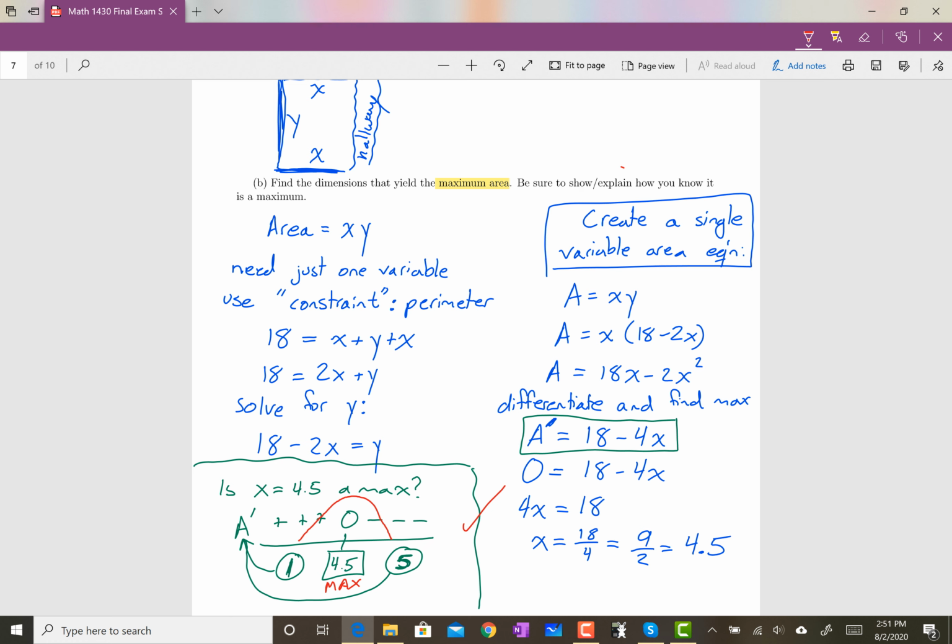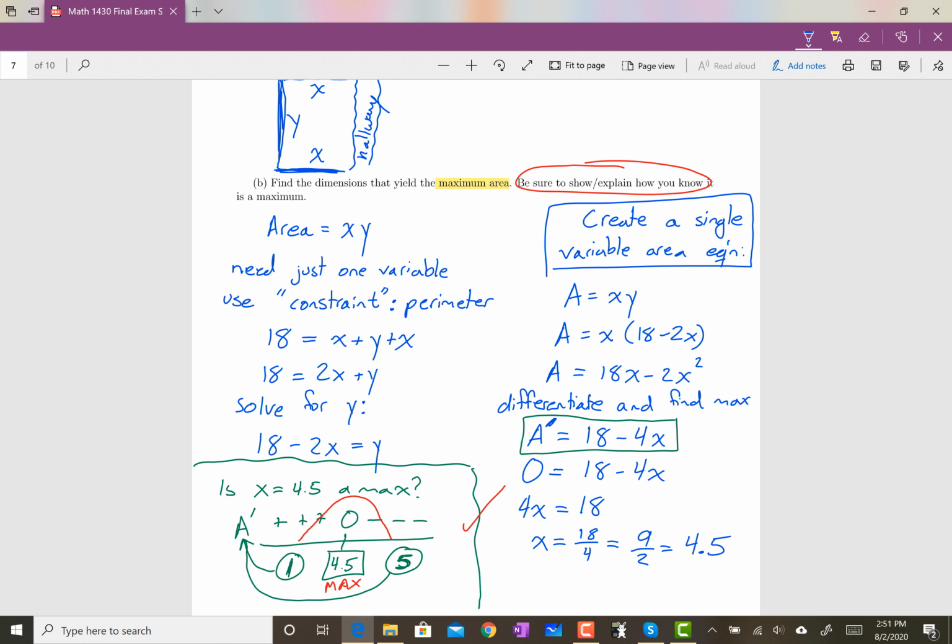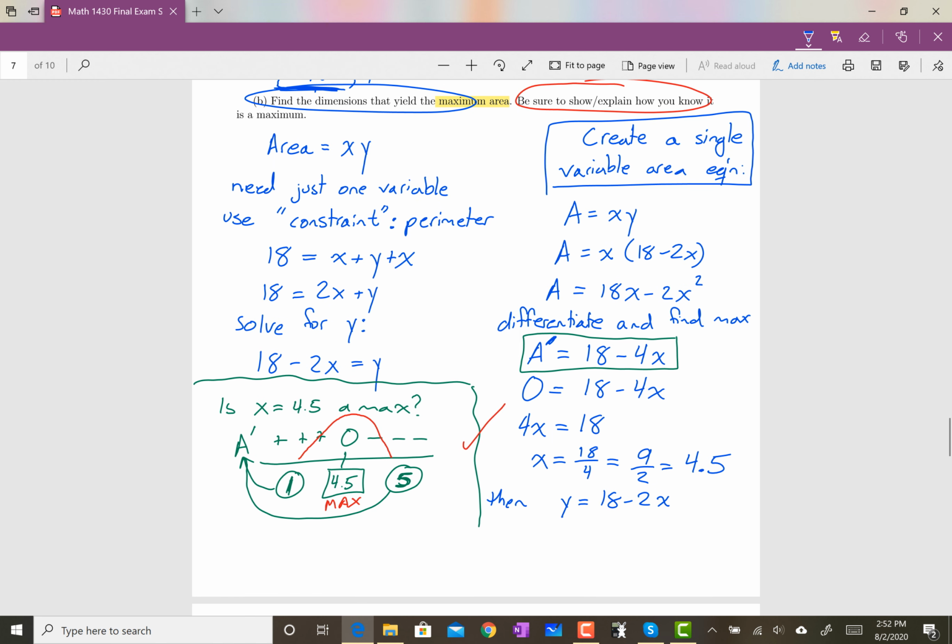So we showed that it's a maximum, and now we need to answer the actual question, which was to find the dimensions. If x is 4.5, then y is 18 minus 2 times 4.5, which gives us 9.